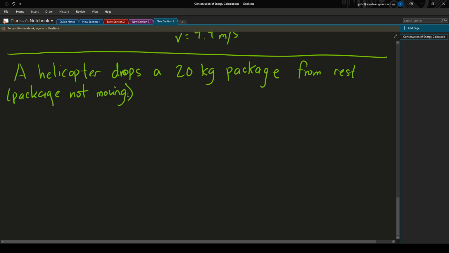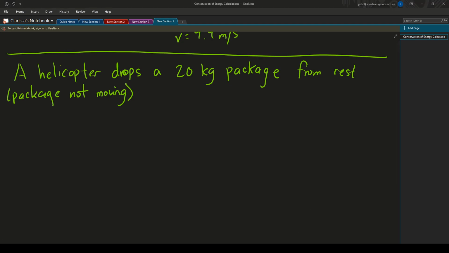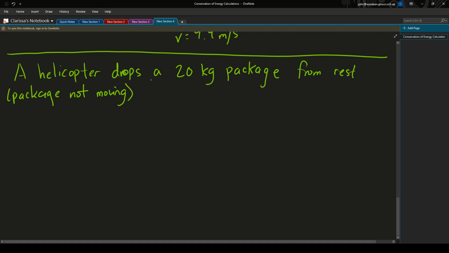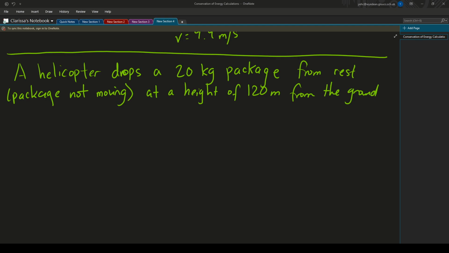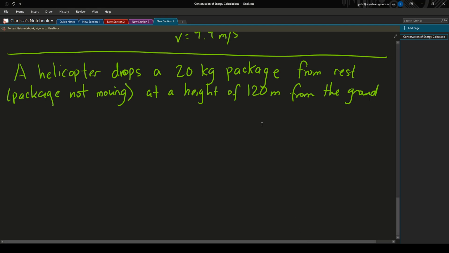So it started off not moving at a height of 120 meters from the ground. What is the speed of the package just before it hits the ground?